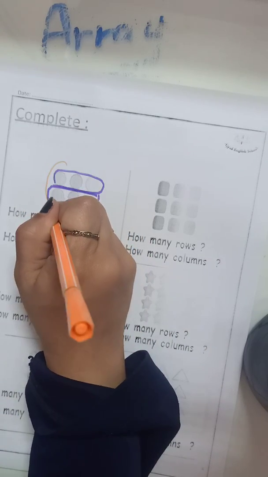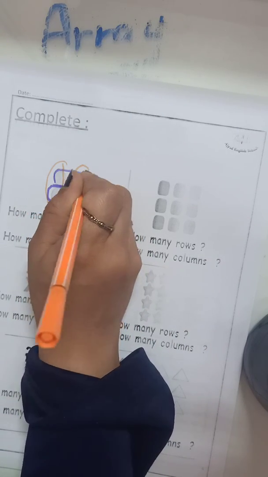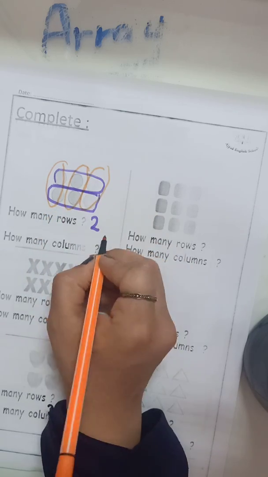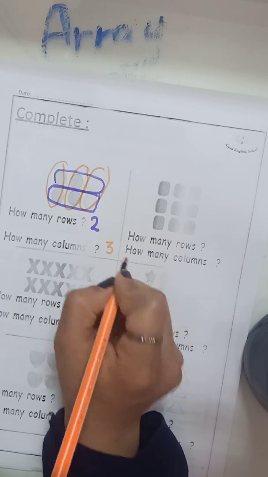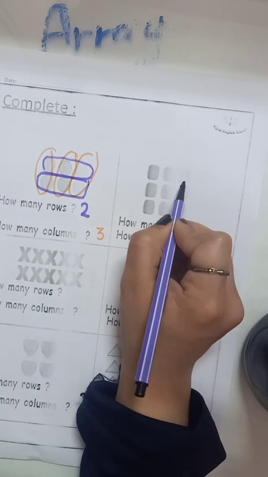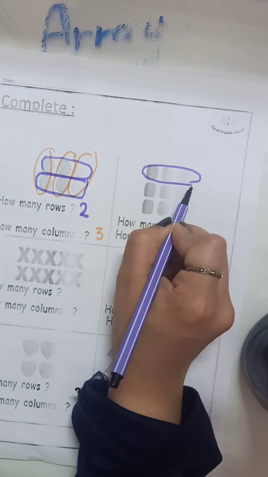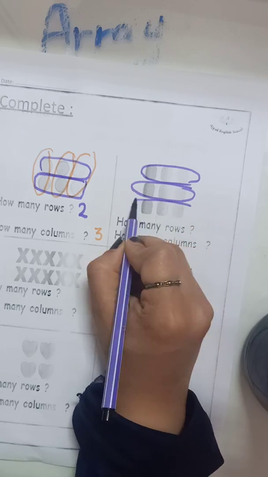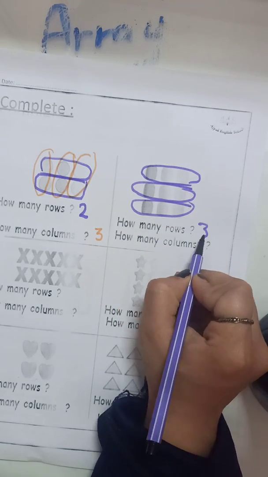And how many columns? 1, 2, 3. Here, how many rows? 1, 2, 3. And how many columns?